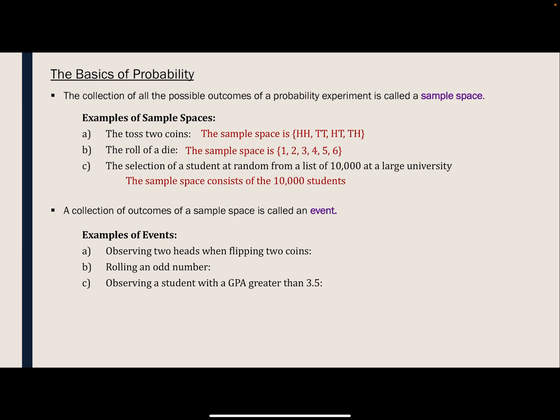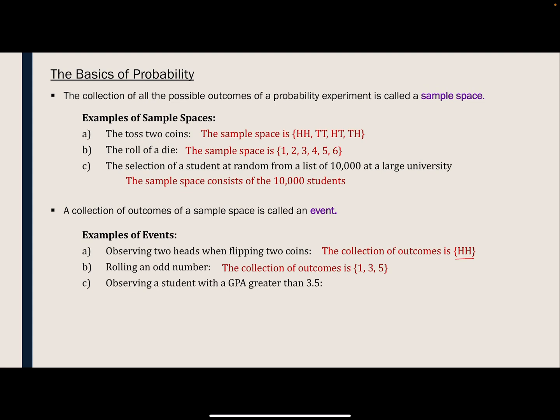So when we talk about possible outcomes for a sample space, we call those events. So we could have the event of observing 2 heads when flipping 2 coins, and that would look like that. Or we could say the event is rolling an odd number when we're rolling a die, and that would look like the collection 1, 3, 5.